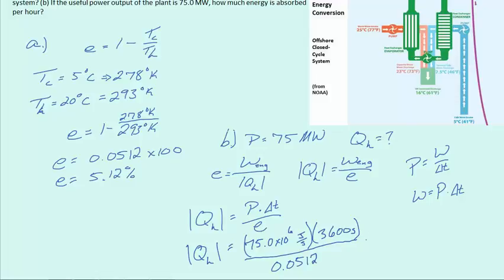And when we do so, we see that the energy that is absorbed from the hot reservoir is equal to 5.27 times 10 to the 12th joules of energy.